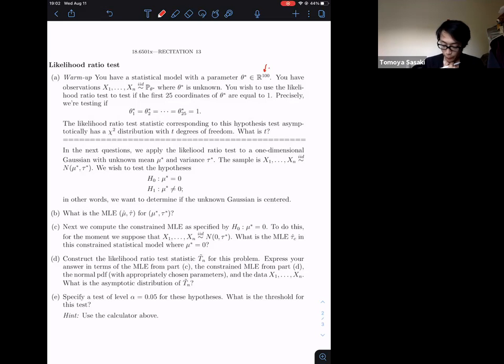You're planning to use a log likelihood ratio test to check if 25 coordinates of theta star are equal to 1. So basically, we're asking whether theta 1 star to theta 25 star, so 25 dimensions out of 100 dimensions of theta star, are equal to 1 or not. That's basically the test we want to run.